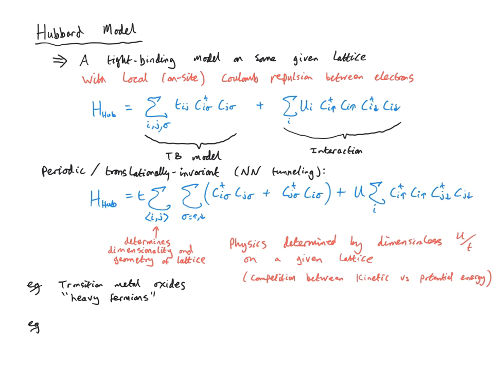The Hubbard model also describes lanthanide materials. Or a variant on the Hubbard model called the periodic Anderson model captures very well the properties of lanthanide materials, which give rise to so-called Kondo insulating behavior.